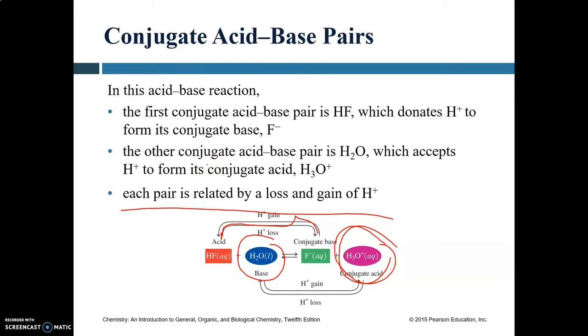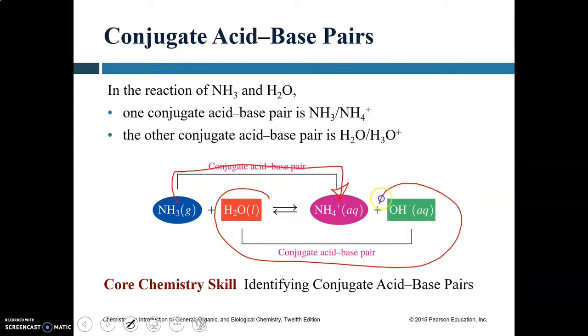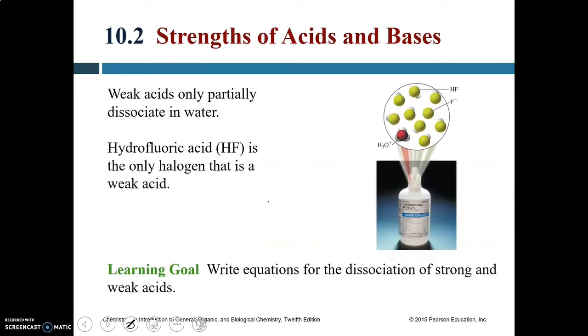You should be able to identify the conjugate acid-base pairs in a reaction. For instance, in the reaction between ammonia and water, ammonia and ammonium cation is one conjugate acid-base pair, and water and hydroxide ion is another conjugate acid-base pair.